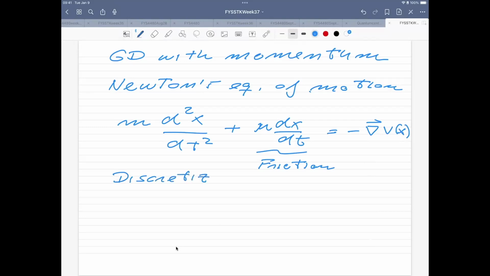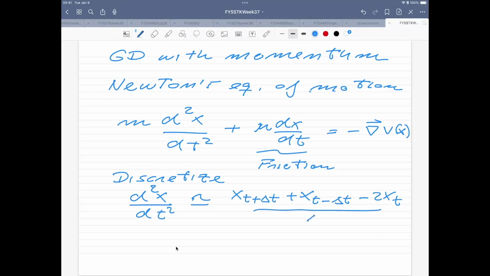Discretize. I guess most of you have seen the discretization of the second derivative. This is called a 3-point formula. We have a center, and then one step to the left and one to the right. So we would have x of t plus delta t, and then a step to the left, t minus delta t, and then the center value, x of t, divided by delta t, the step size, squared.